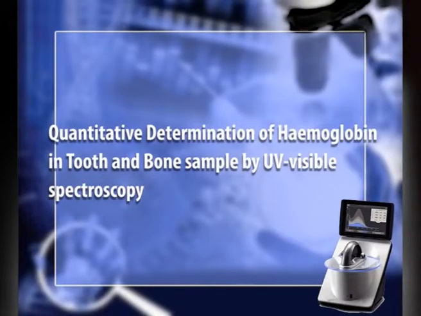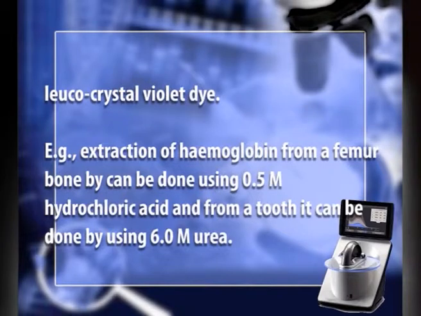Quantitative determination of hemoglobin in tooth and bone samples by UV visible spectroscopy. In forensic investigation, the detection and quantification of hemoglobin in skeletal or dried remains can be very significant. This can be achieved with the help of UV visible spectroscopy using leucocrystal violet dye.